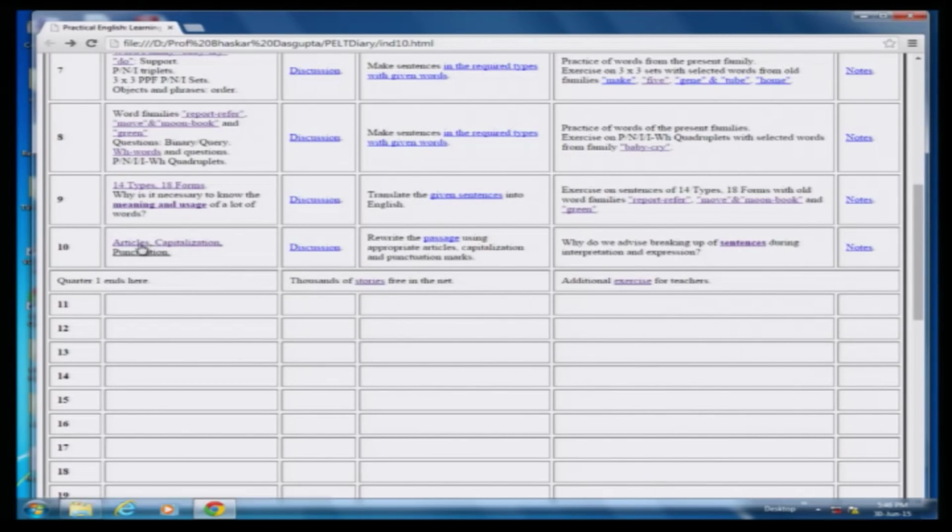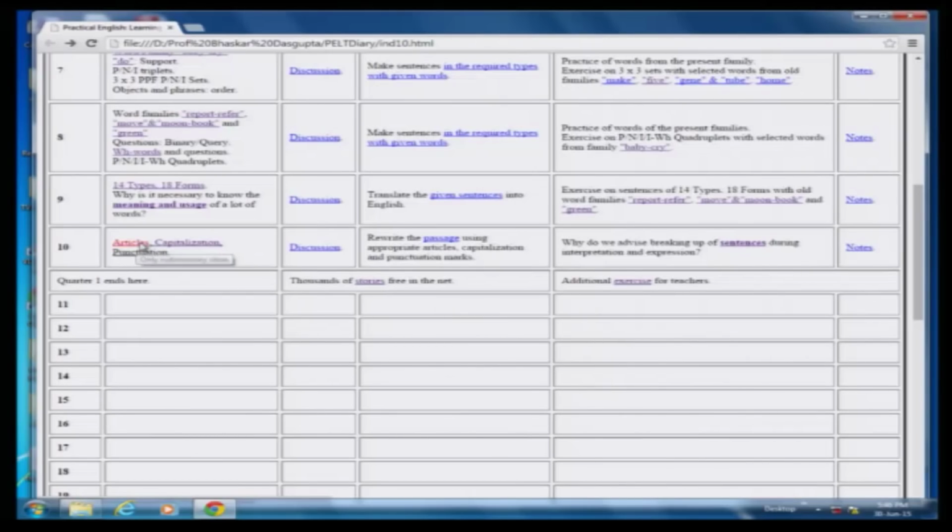As I have said, here we will discuss only rudimentary, basic ideas, and those who would like to go deeper can always resort to a grammar book and follow those things in detail. So the rules of articles, capitalization, and punctuation we will discuss today are very basic, very obvious, and you should never miss them. First, articles.